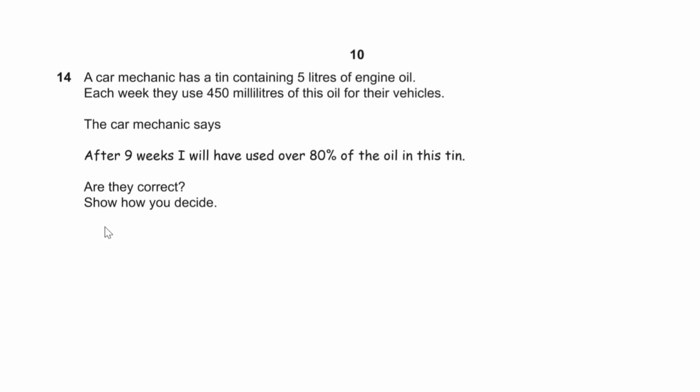Well, let's see how much oil they have used. The amount of oil that they have used is equal to 450 multiplied by 9, because we use 450 each week.